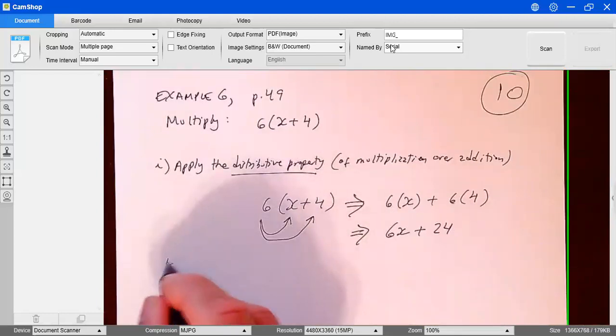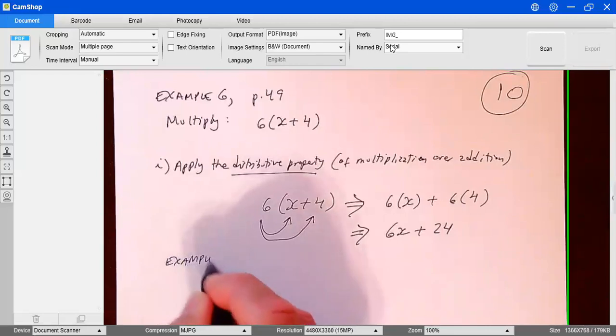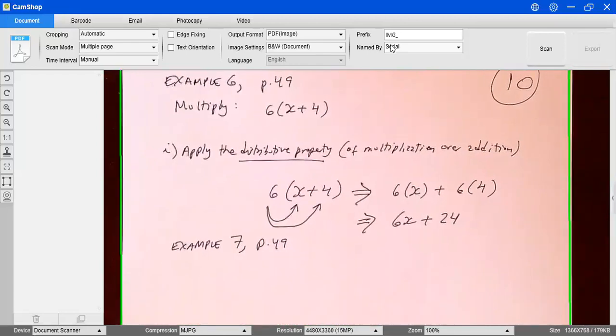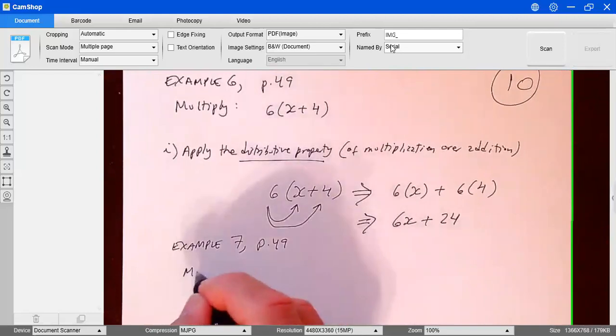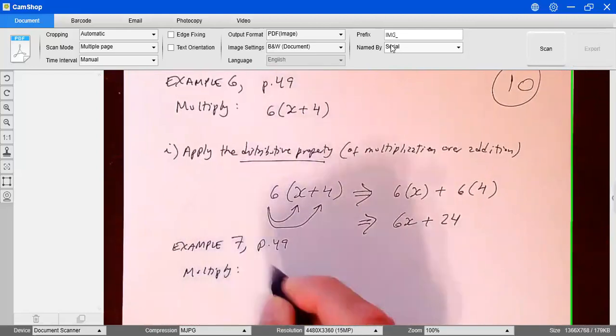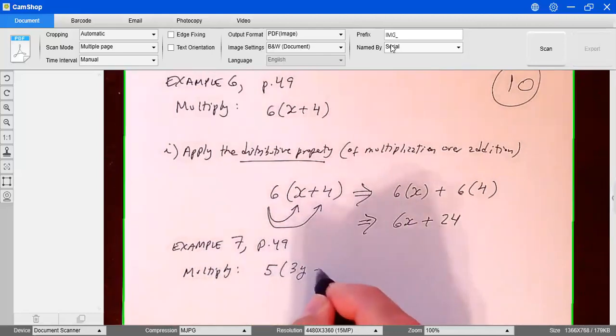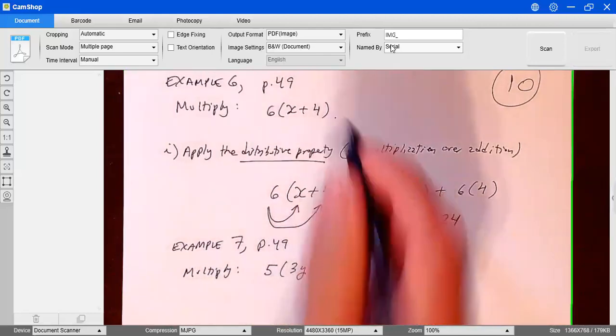And then we have example 7 on the same page. Now we're going to multiply 5 and 3y plus 7.